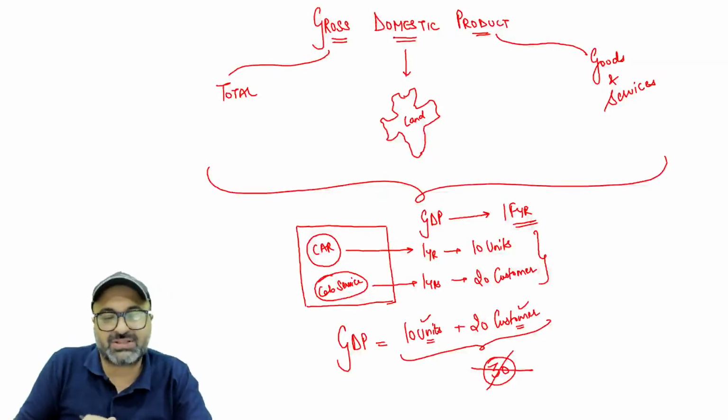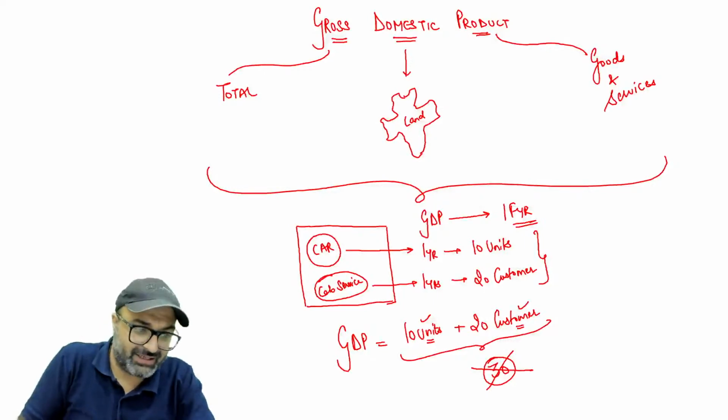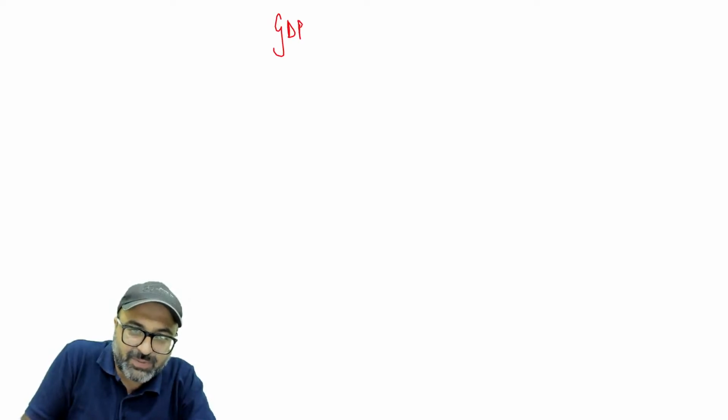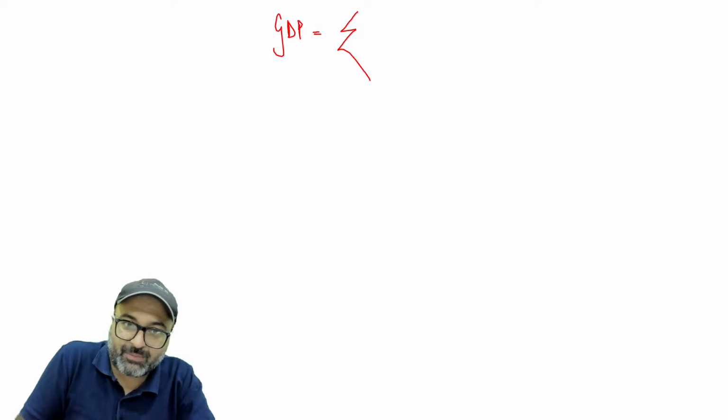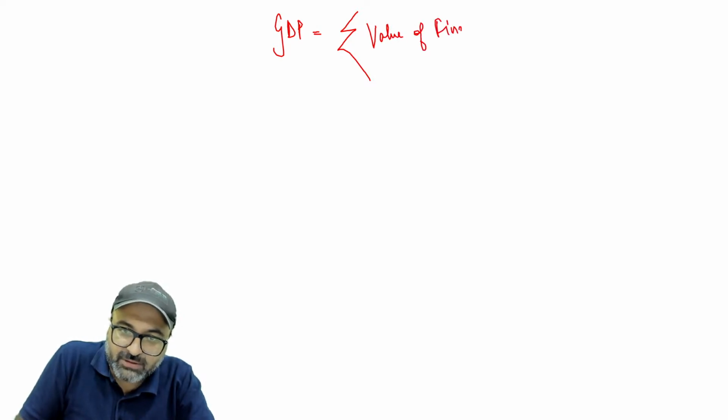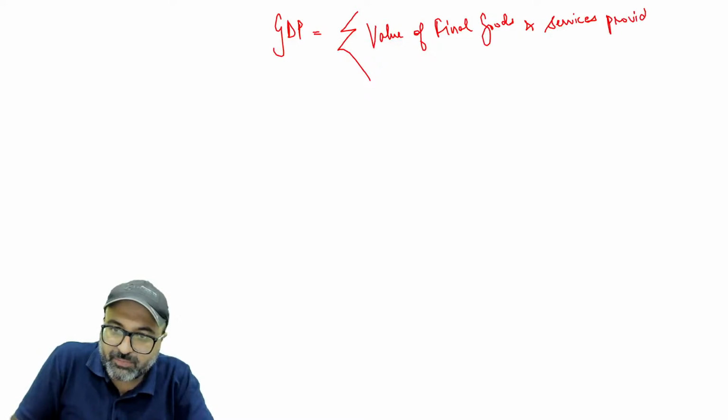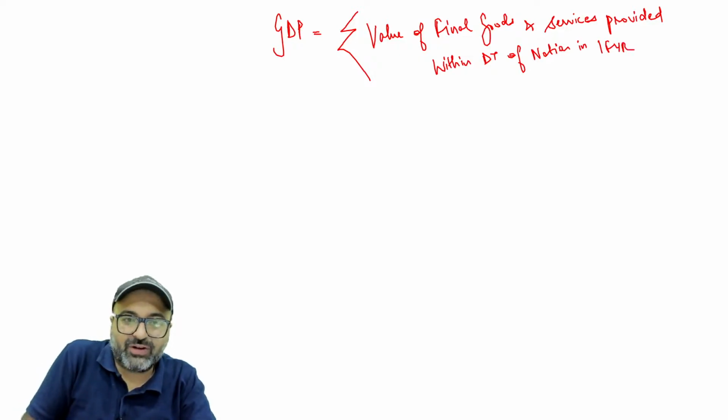When we define the term GDP, the next term which we need to understand is, please pay attention, GDP basically means sum of value of final goods and services provided within the domestic territory of nation in one financial year.